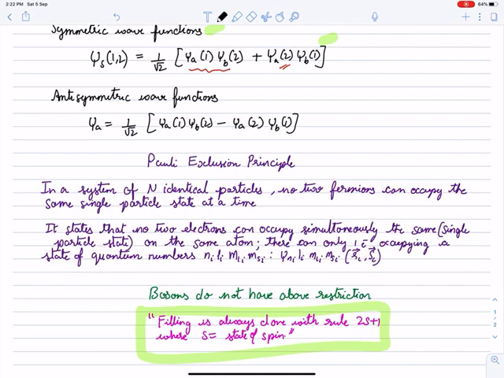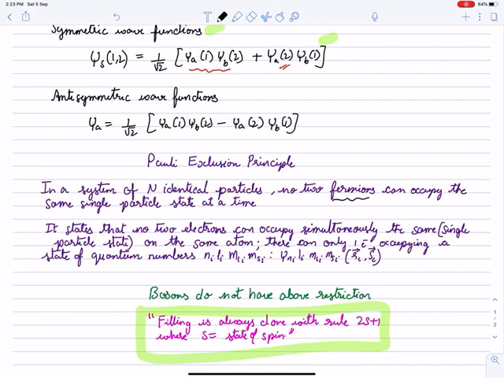If there are n identical particles, no two fermions, which have spin half-odd-integer, can occupy the same single-particle state at a time. For the specific example of electrons, no two electrons can simultaneously occupy the same single-particle state in the same atom.